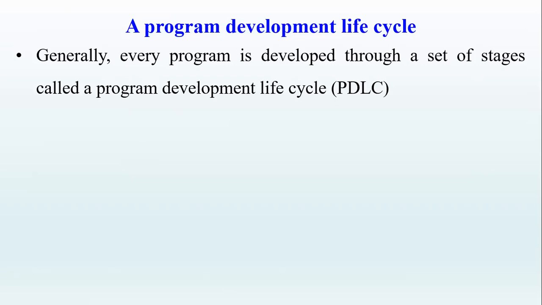So you don't just wake up and come up with a program and then just code it, and think that that program will solve the problem. No, you have to go through a number of stages or follow a certain set of steps in order to be able to come up with a program that can solve the existing problem.